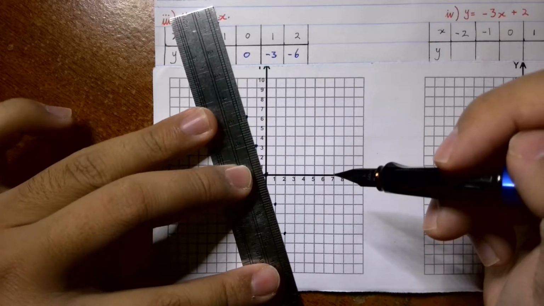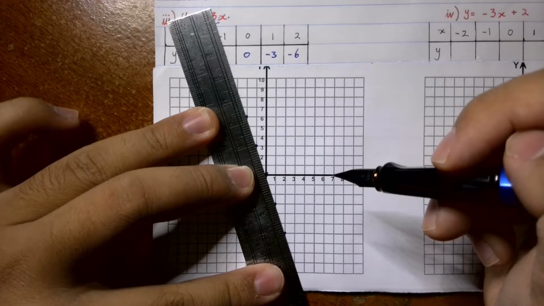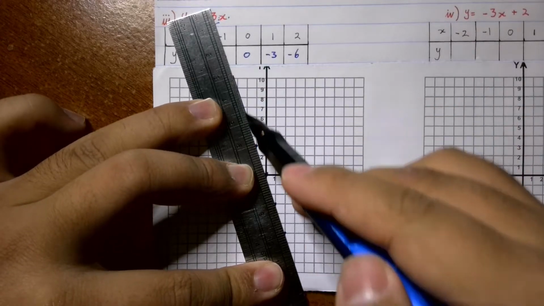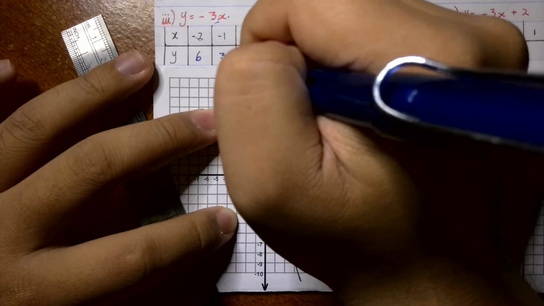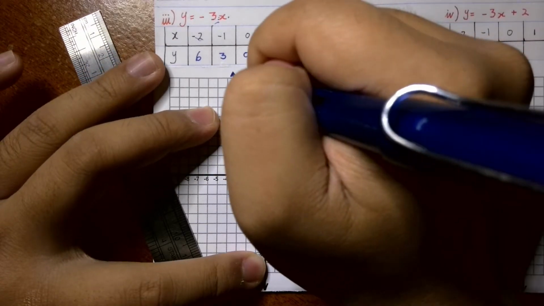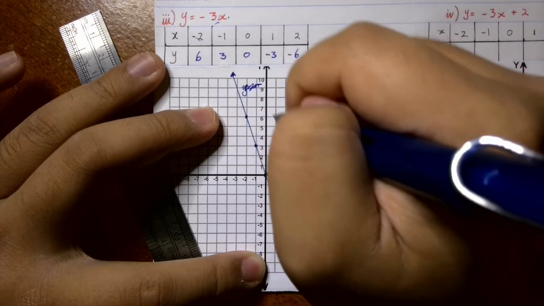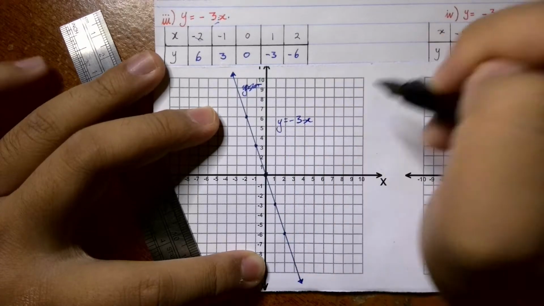Joining all our dots together, this will give us the line that looks kind of like this. We'll just label this as y equals negative 3x.